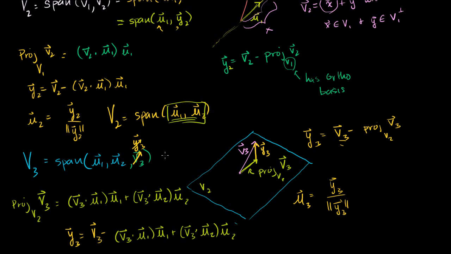And then this is equal to the span of u1, u2, and u3. So u3 might be a scaled down version of y3, but we're talking about linear combinations when we talk about span. So you can scale them up and add it to the projection, and you're still going to get v3. And now these are all normalized vectors, and so you now have an orthonormal basis for the subspace V3.